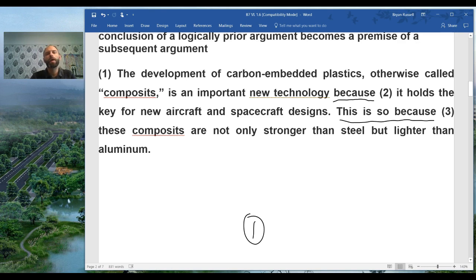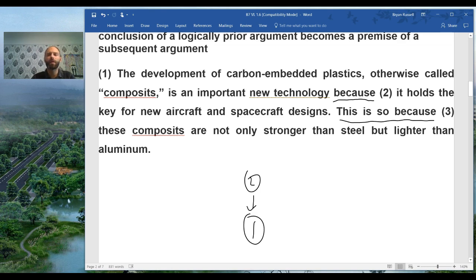And then why does the passage say we should believe that the development of composites is an important new technology? Well, we should believe that because, two, it holds the key for new aircraft and spacecraft designs. So we show 2 supporting 1, just like in the previous example. But now let's look at how statement 3 relates to all this.